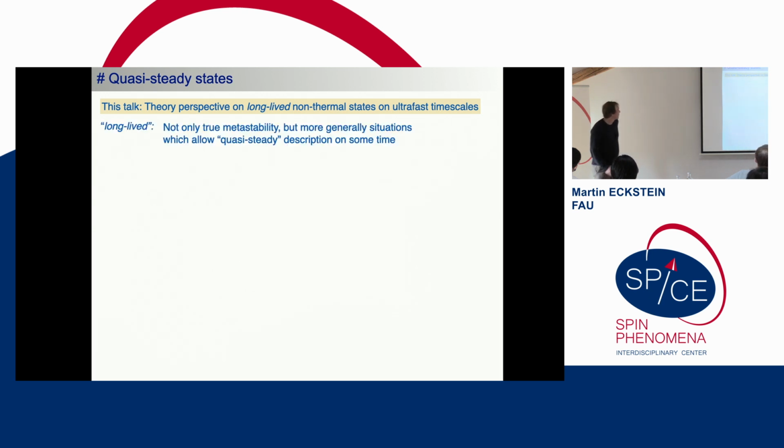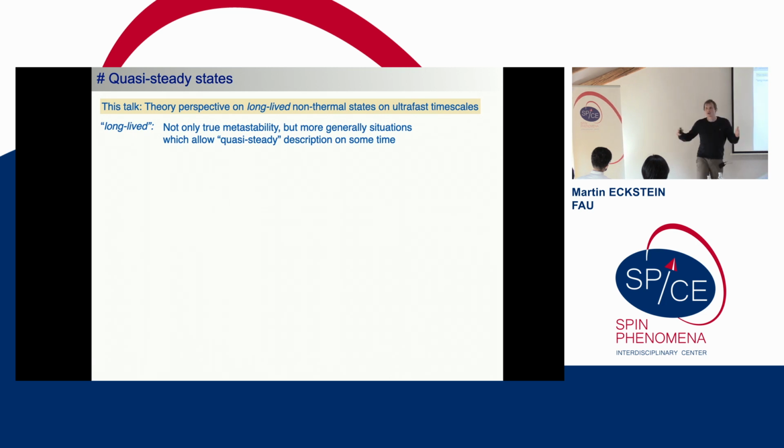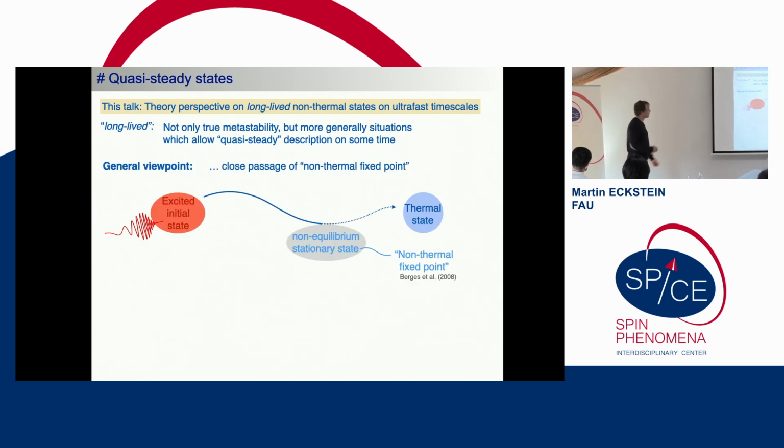And in this context, by long-lived, I'm not only referring to metastability, which is really almost infinite lifetime, but to something which on a certain timescale can be understood as a quasi-stationary picture. This is my concept of long-lived for this tutorial. So the general viewpoint would be that I excite the system, and on some pathway it will approach the thermal state. But on the way towards it, it is close to a non-equilibrium stationary state.